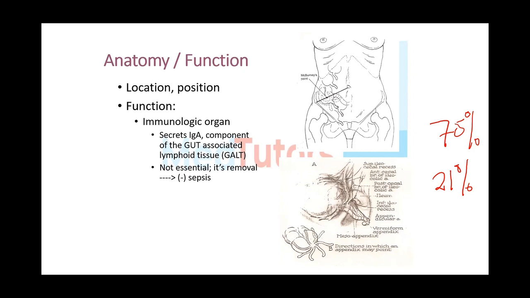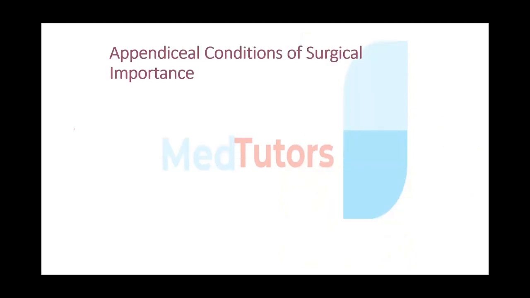However, it has its own immunological function, because it secretes immunoglobulin A, and it's a component of the gut-associated lymphoid tissue. However, when this organ is inflamed, it is removed to avoid serious complications that may follow.